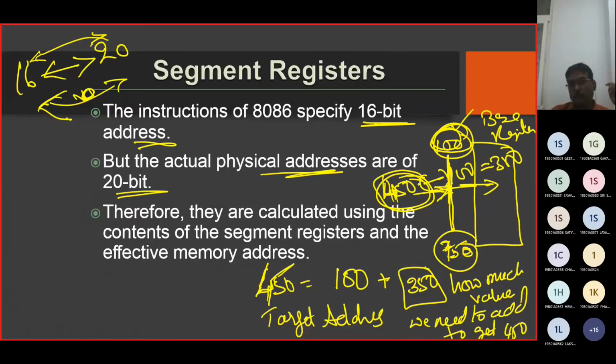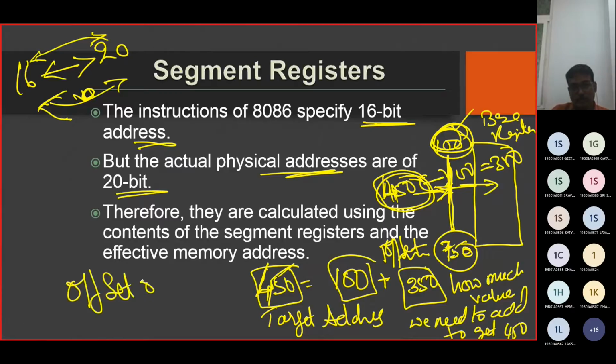The target is constant, the starting address is constant, and the only variation is 350. We call this concept offset, or displacement.